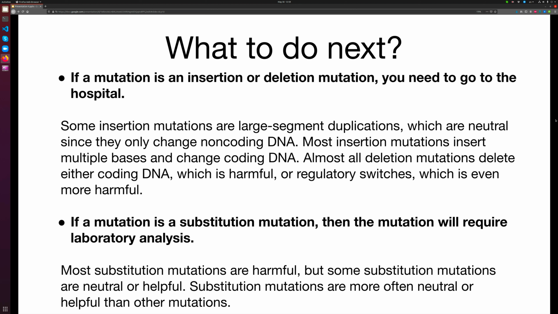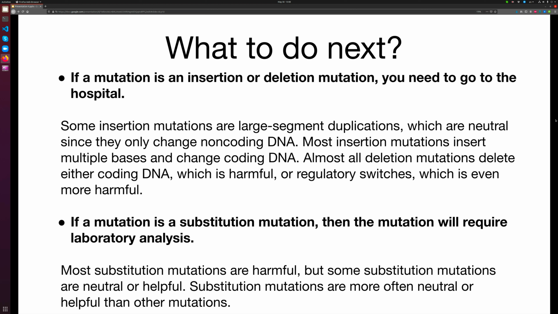Most insertion mutations insert multiple bases and change coding DNA. But almost all deletion mutations delete either coding DNA, which is harmful, or regulatory switches, which is even more harmful because it might affect a different chromosome, a different cell, a different tissue, or even a different organ system.